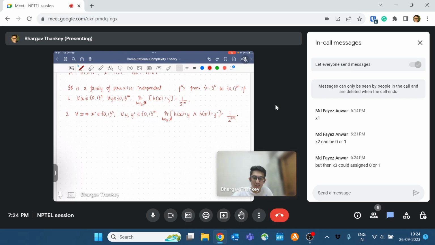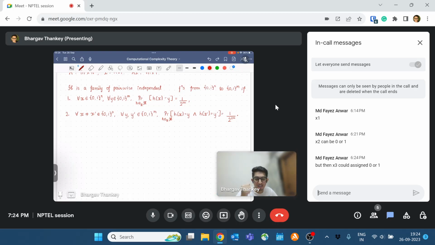So that claim is false. Even if x, y, and z are pairwise independent, that is, even if z were independent of x, and even if z were independent of y, the probability of z given y comma x is not the same as the probability of z given x or z given y. It need not be the same.